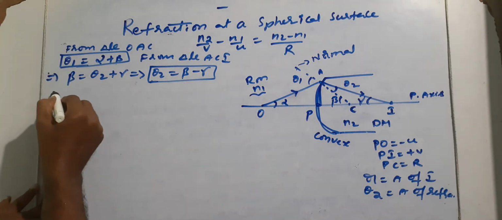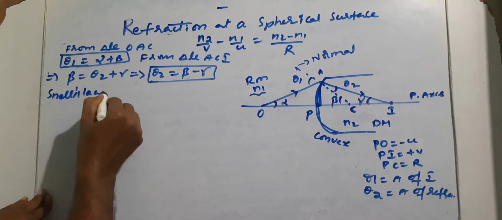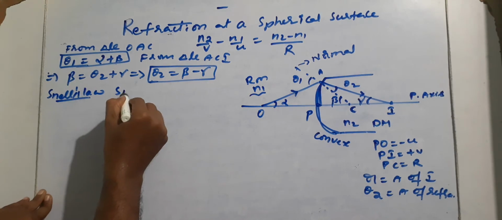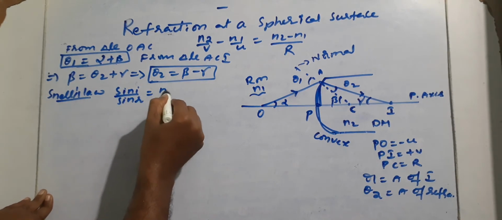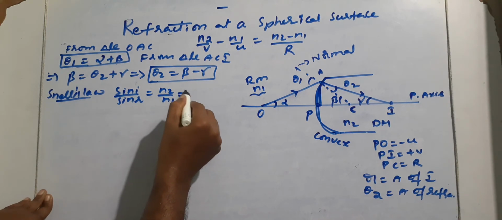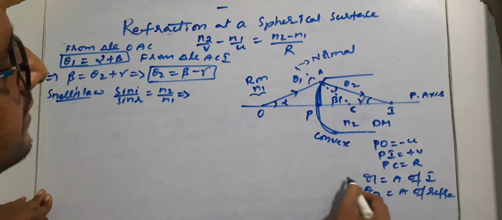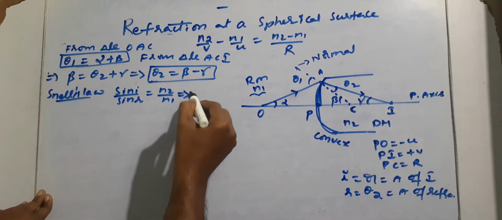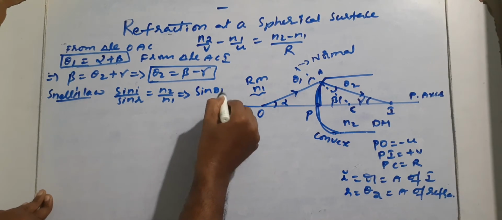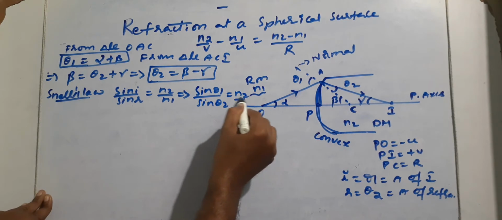Now, from Snell's law we know that sin i by sin r is equal to n2 by n1. Here i, the angle of incidence, is theta 1, and the angle of refraction is theta 2. So sin theta 1 by sin theta 2 is equal to n2 by n1.